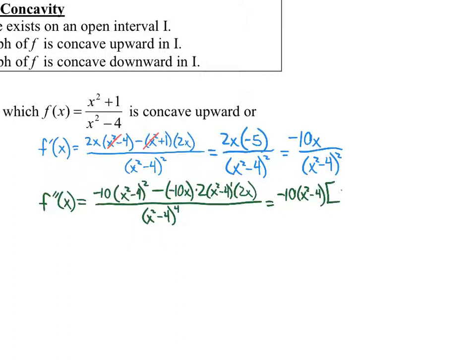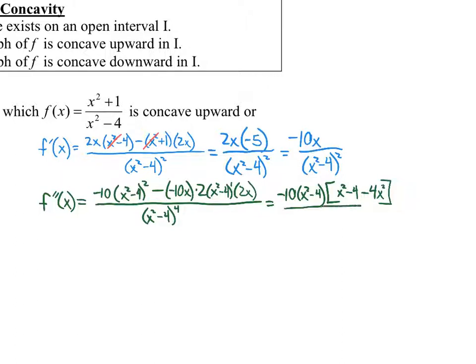I've got another x squared minus 4 from the first part, minus, let's see, I took out the negative 10, but there's an x left. I took this out, so there's an x, a 2, and a 2x. So that's going to be a 4x squared. So minus 4x squared. Those are all my leftovers after I factor.